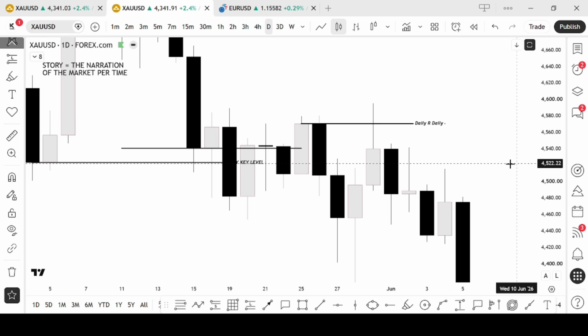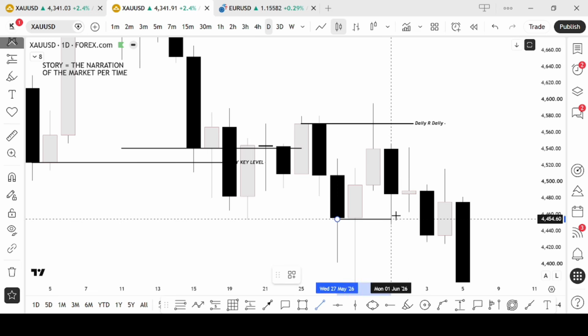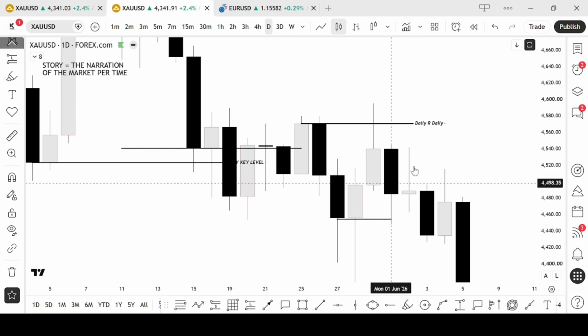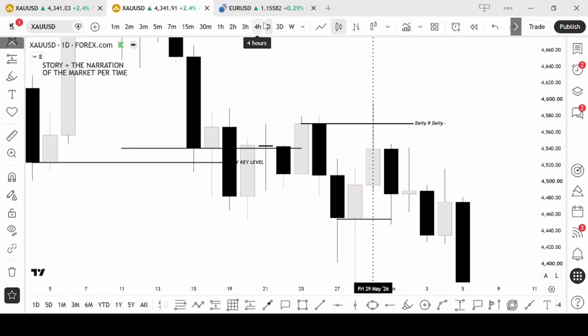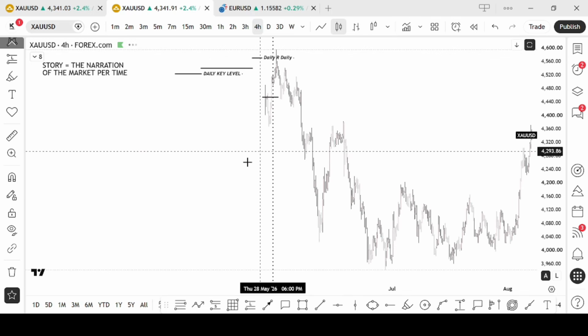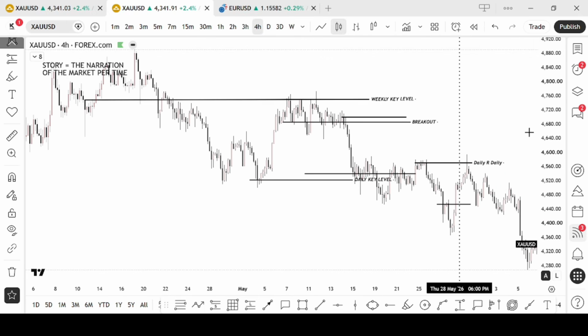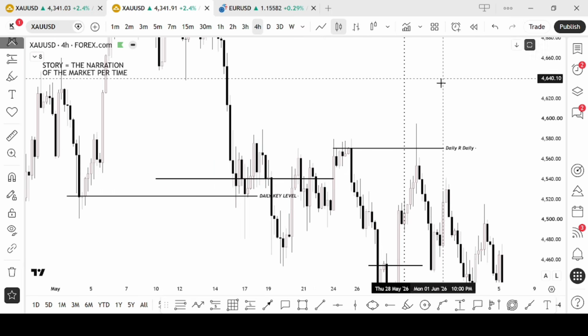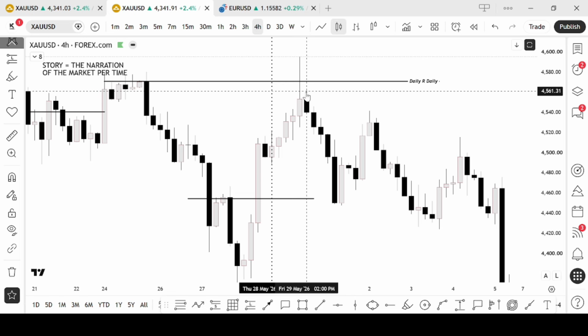However, you must wait for confirmation, because sometimes it might not happen the way you want to see it. So let's confirm this. One way to check this with ease is to just put a vertical line on there. It's going to tell you exactly where you need to mark to confirm your breakout. So as you can see, where is our breakout? This is the tap.